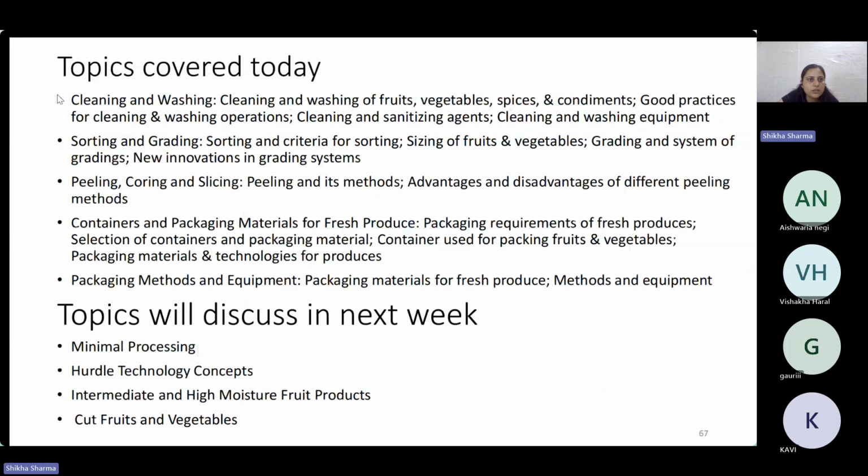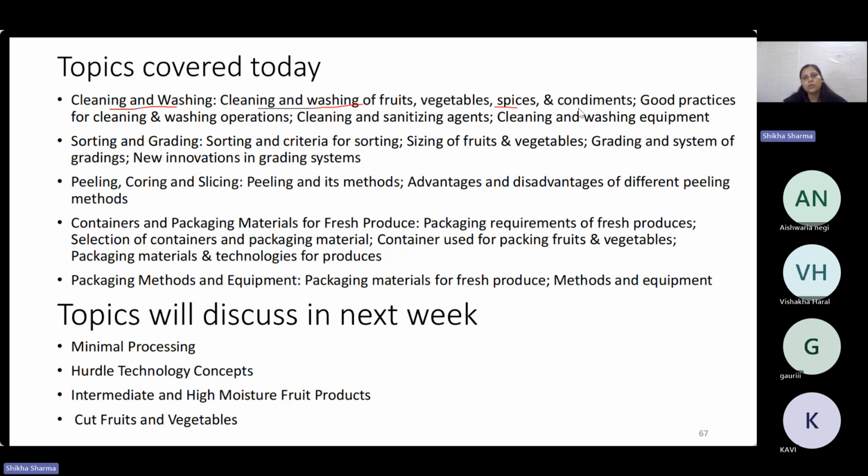So today we have discussed washing and cleaning, the different cleaning methods, dry cleaning, steaming and wet cleaning, and different separators and washing methods.